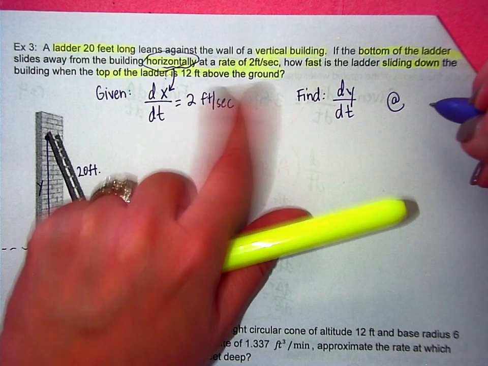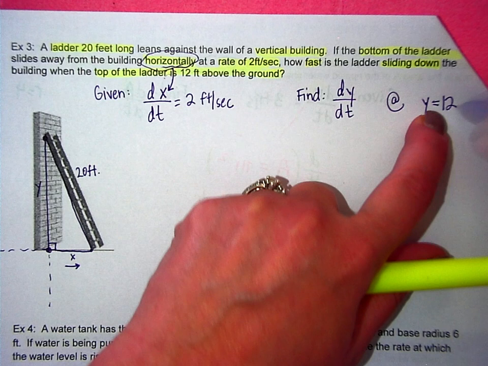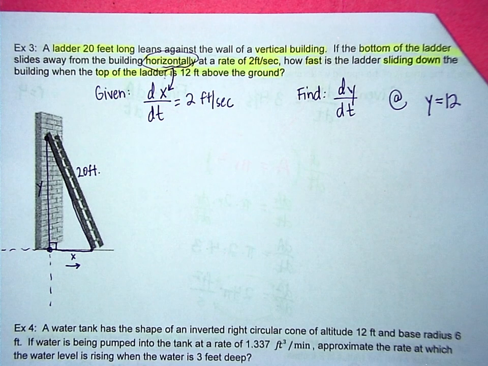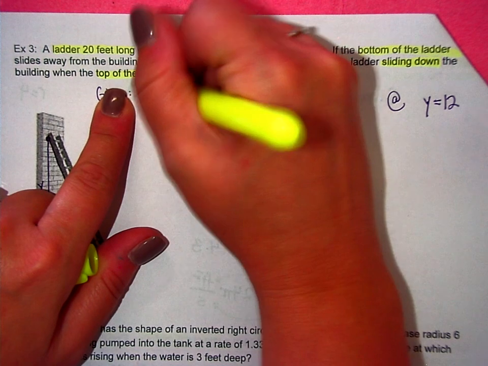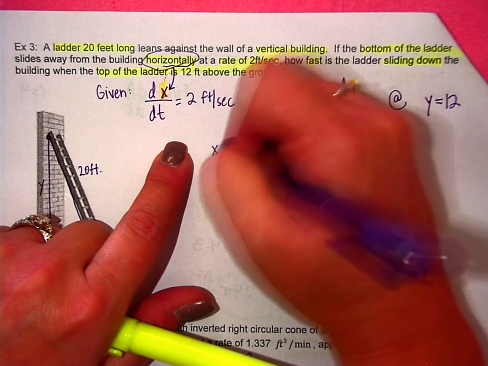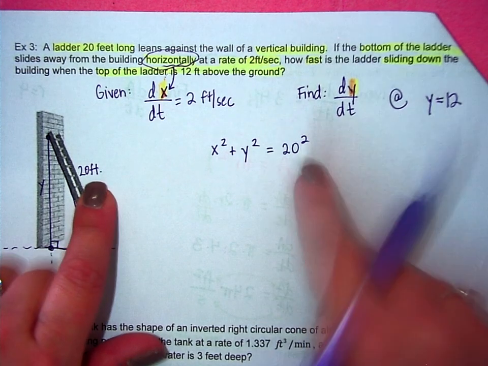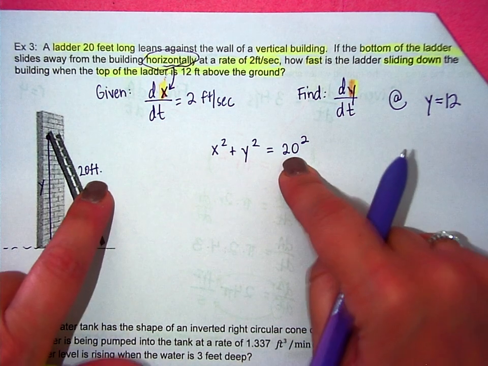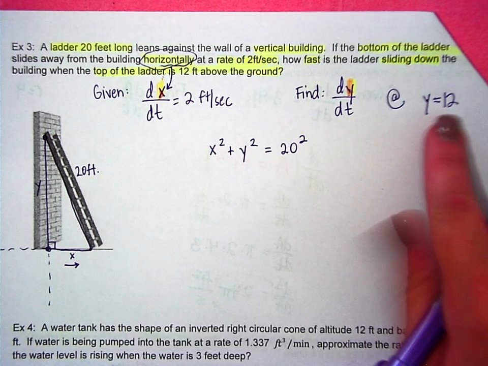Okay? So kind of like yesterday, I've got x, I've got y, and I'm going to formulate an equation from those two values. It makes the most sense that we would use the Pythagorean theorem, and we're going to do something new today. So we are going to put 20 in our actual equation that we differentiate. 20 is a different sort of constant than the y equals 12. Because 20 is representing this z side of this triangle, but it's unchanging.